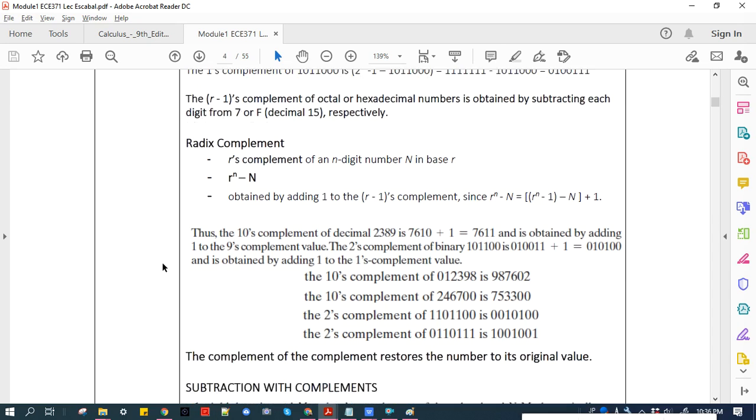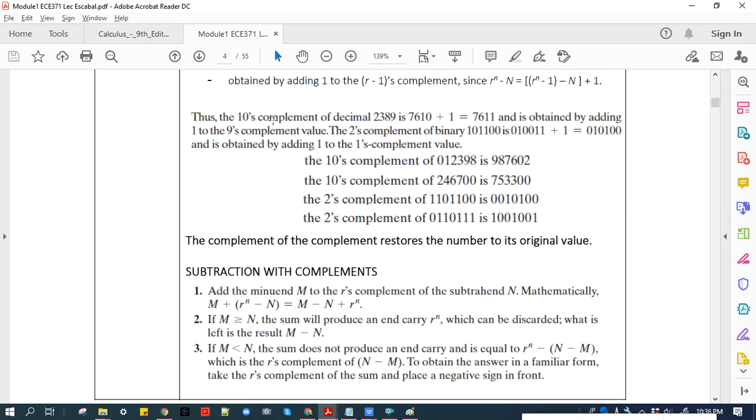For example, the tens complement of a decimal 2389 is 7610 plus 1 equals 7611, and is obtained by adding 1 to the nines complement value.